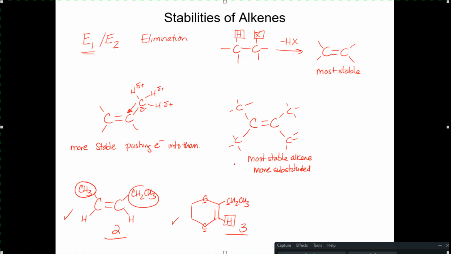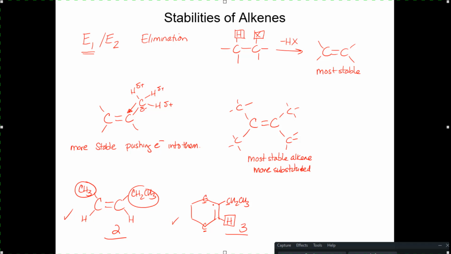Now the stability of a double bond does not depend on the type of alkyl group. It only depends on the number of alkyl groups. So a methyl group, an ethyl group, a 100 carbon chain are all treated equally.